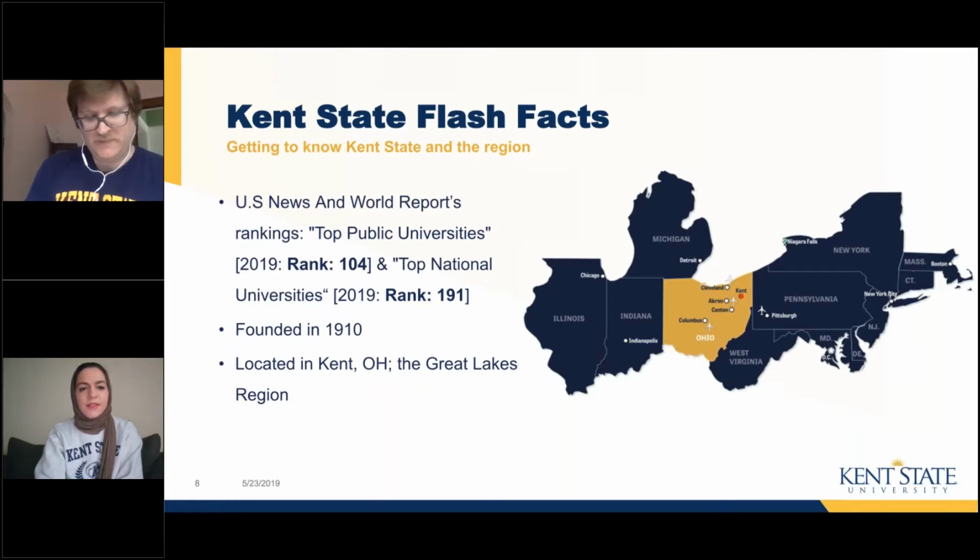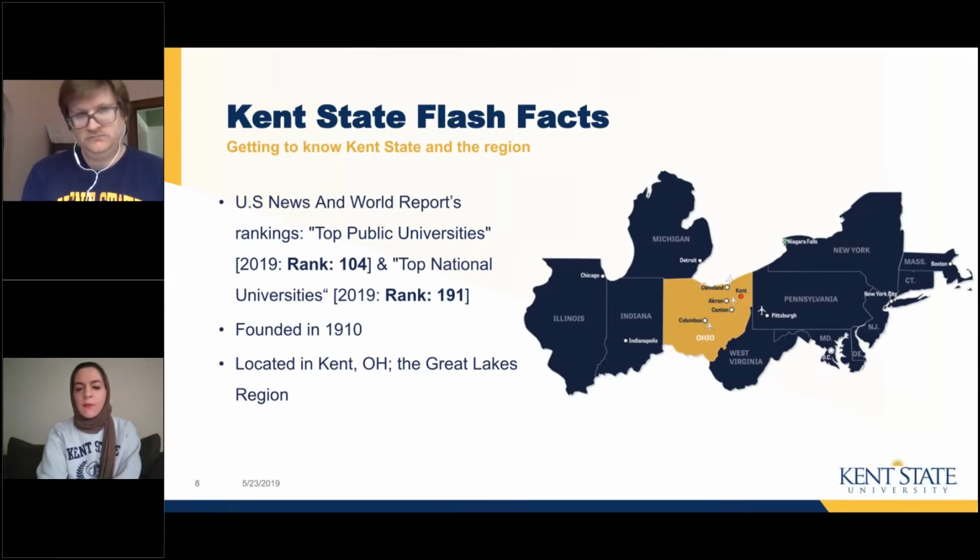All right. So next, we're just going to talk about some flash facts. So Kent State University has been ranked as one of the top public universities in the U.S., and we're also ranked as one of the top national universities in the U.S. We were founded in 1910, so pretty long ago, and we're located in Kent, Ohio, which is in the Great Lakes region.